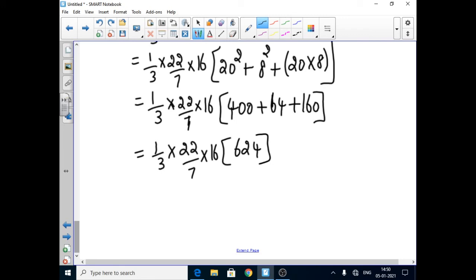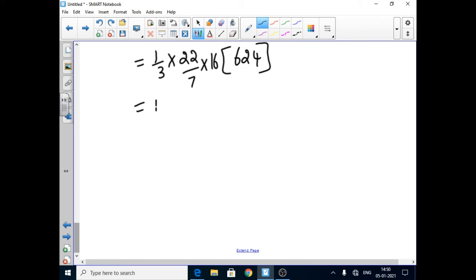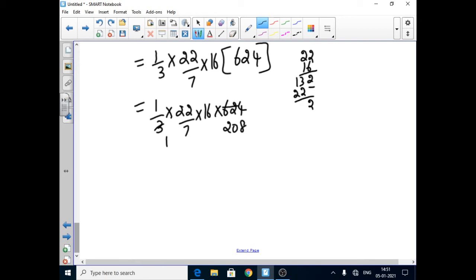So here 1 by 3 into 22 by 7 into 16 into 624. Here we can do the cancelling: 3 is 3, 2 3s are 6, 8 3s are 24. Afterwards we can't do any cancelling, so we multiply by 1 by 1. So 22 into 16 is 352.